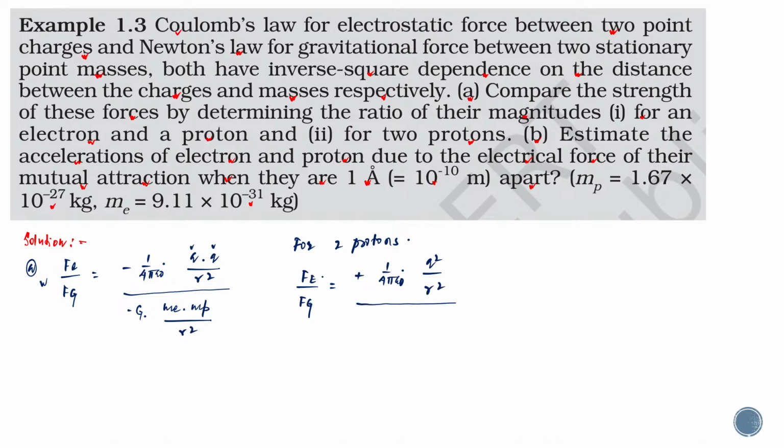By gravitational force it will be gravitational constant, and both are protons, therefore we write down here mp square by distance between two protons which is r square. So this one will be the A to 1 and this is the A to 2.